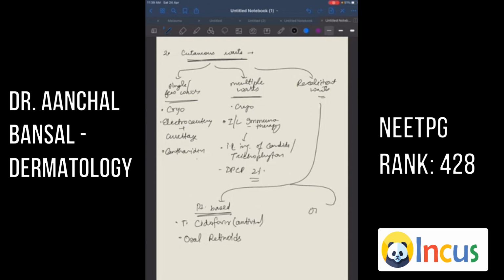For OPD based treatment, we can go for intralesional cidofovir, intralesional 5-fluorouracil, intralesional bleomycin, photodynamic therapy, local hyperthermia. These are the various modalities. For patient based, we can give them topical 5-fluorouracil as well.